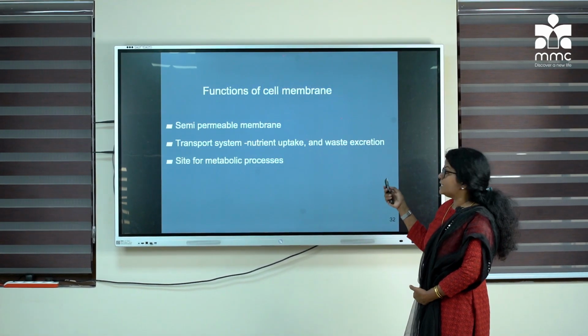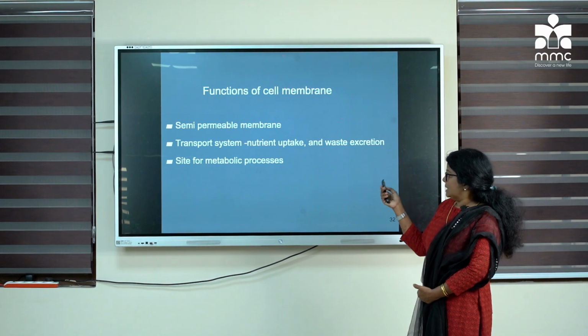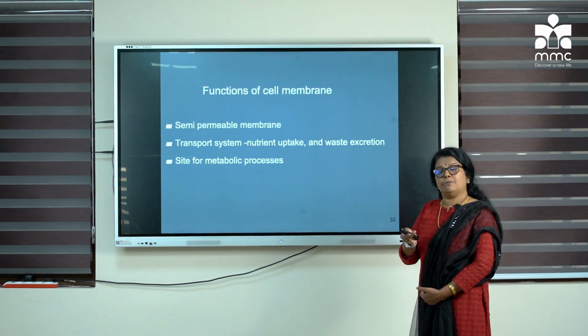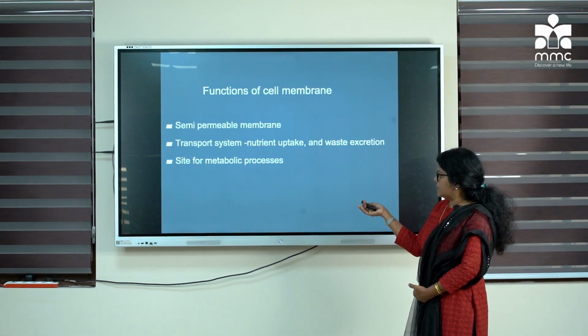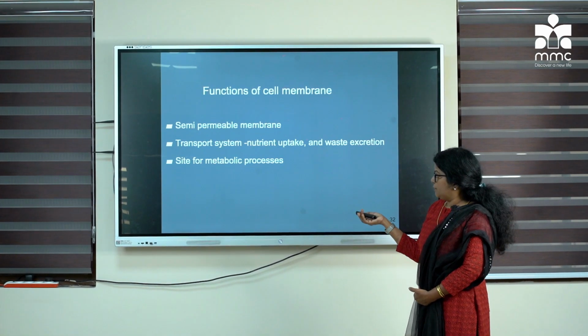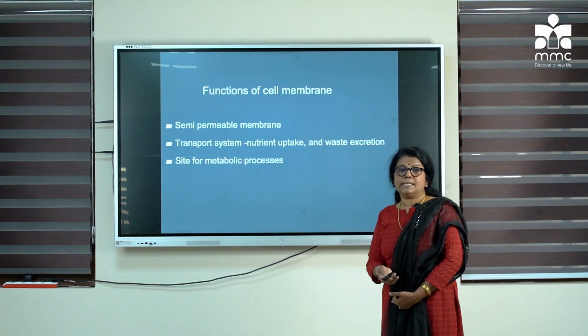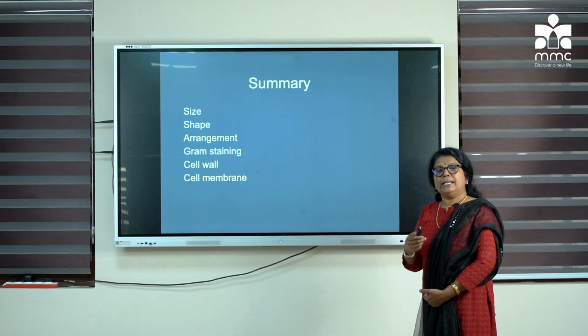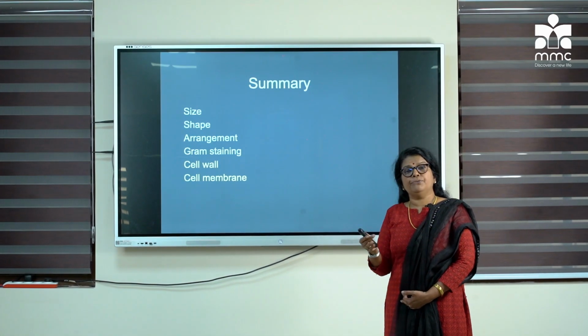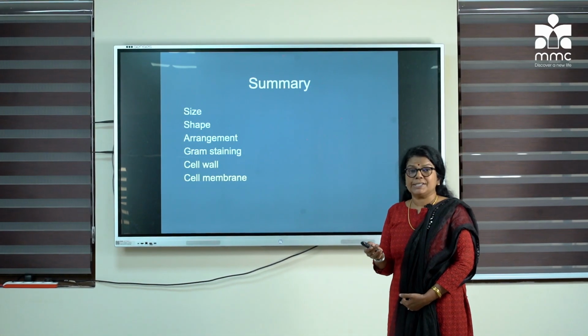Okay, and what are the functions of the cell membrane? It is a semi-permeable membrane, so there will be exchange of the ions, then it acts as a transport system and it is the site for various metabolic processes also. Okay. So, with that, I am winding up today's session and will be continuing with the rest of the bacterial cell structures.